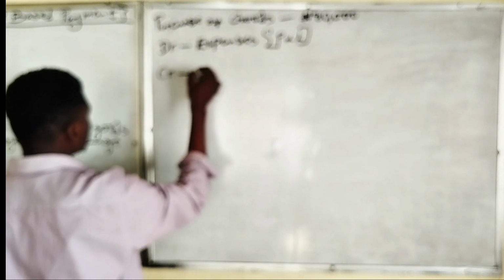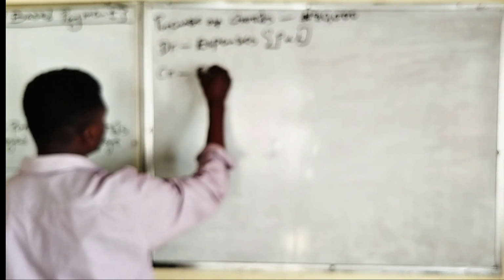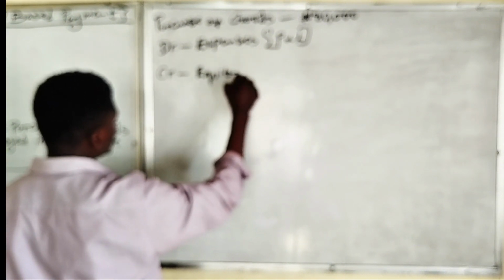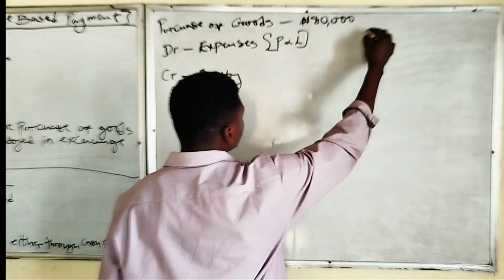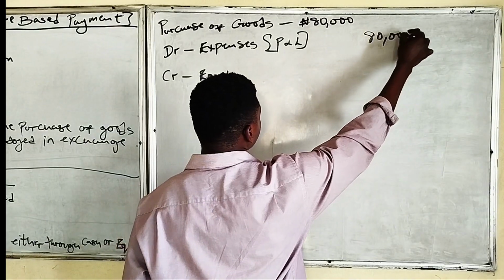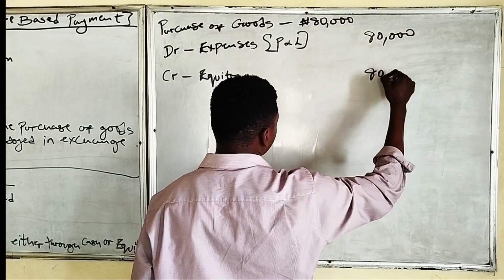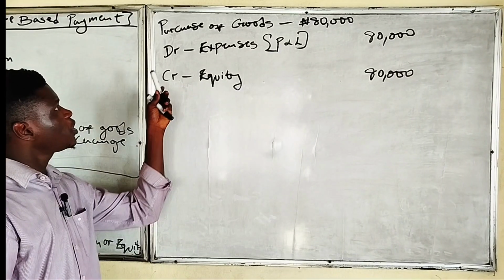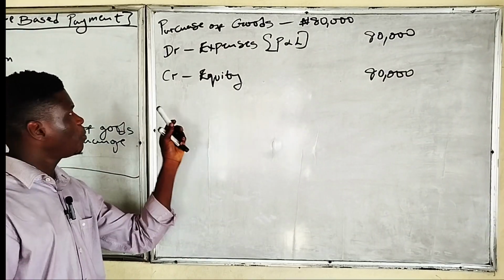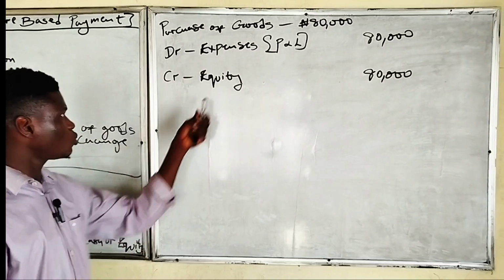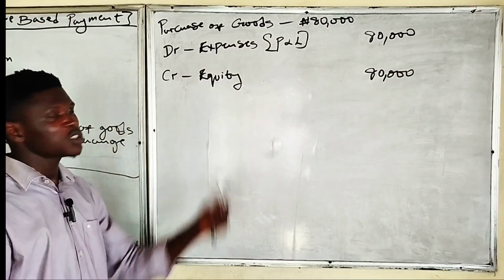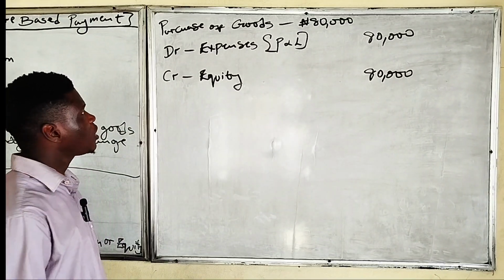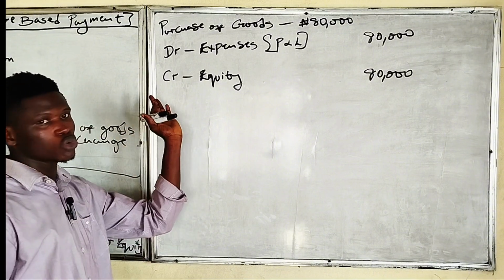Then you credit equity, $80,000. So instead of paying through cash, you are paying with shares, which is equity now. Instead of paying that 80,000 with cash, you are paying through equity.